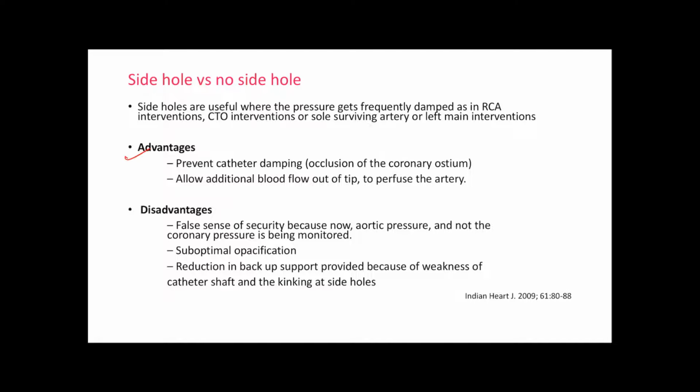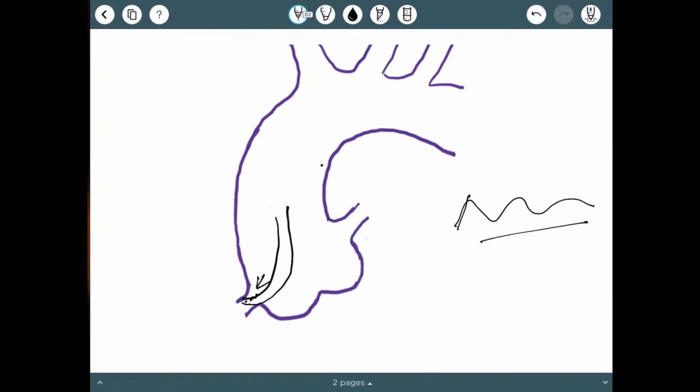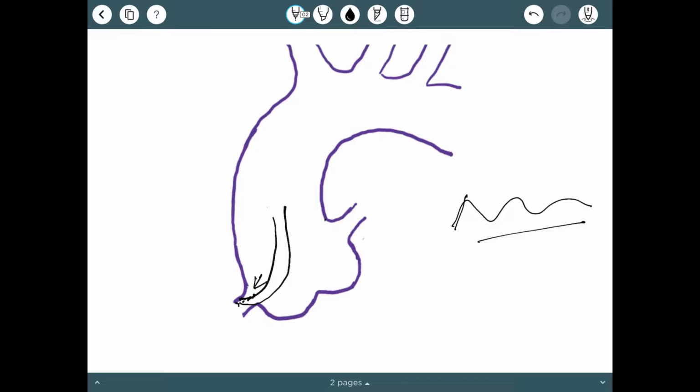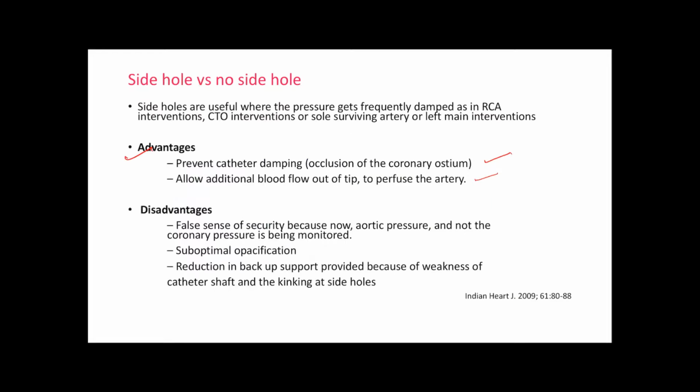So the advantage is that they prevent catheter dampening and allow additional blood flow out of the tip to perfuse the artery. Even if you are abutting the ostia and have occluded it, some blood can still trickle into the coronary artery. That's the advantage that a side hole catheter has.